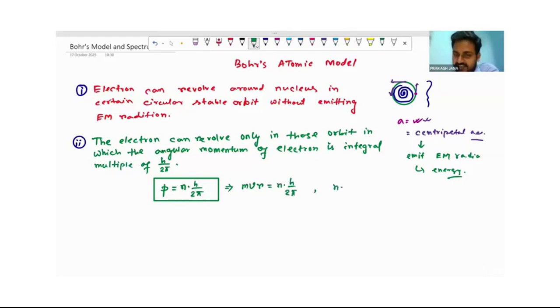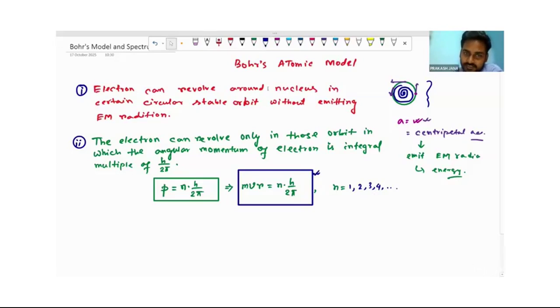And what is n? n is the integral multiple of h by 2 pi. That is, the value of n is 1, 2, 3, 4, and so on. So mvr is equal to n times h by 2 pi. This is the second postulate.